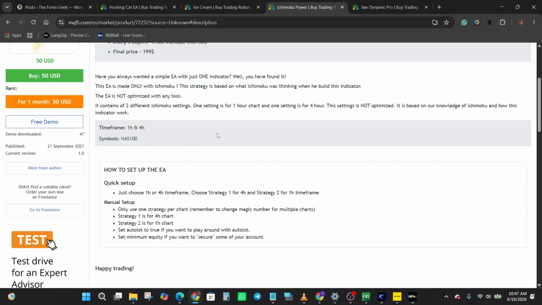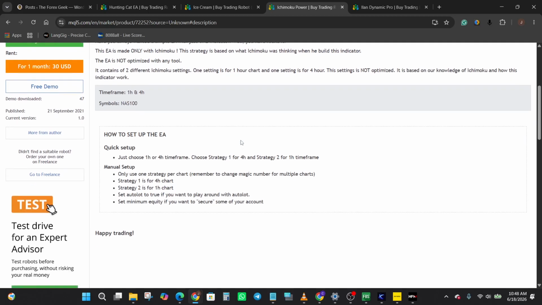For time frame recommendations, the developer suggests using either the 1-hour or the 4-hour chart. Moving down to the setup instructions, the process appears relatively simple. For quick setup, the recommendation is to use strategy 1 on the 4-hour time frame and strategy 2 on the 1-hour time frame.